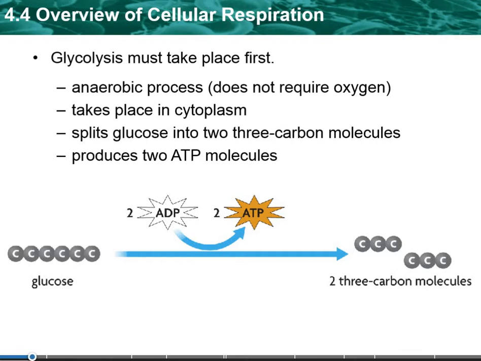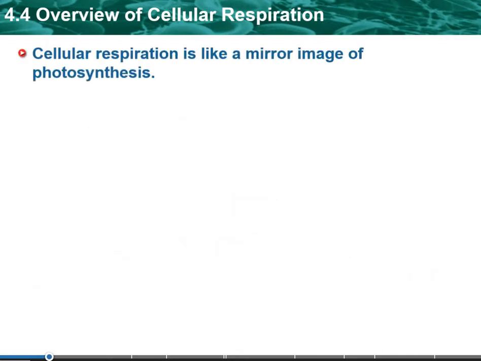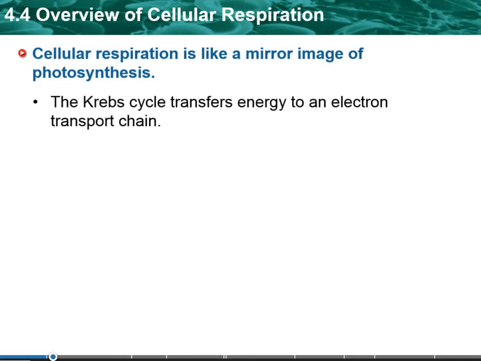In reality, it's going to make 4, but there's only a net gain of 2 ATP in this stage of respiration. So what we get from this stage is these two 3-carbon molecules, which are called pyruvic acid, and 2 ATP, and you'll also get some electron carriers we'll talk about in the next section.